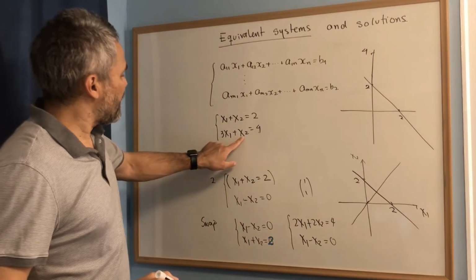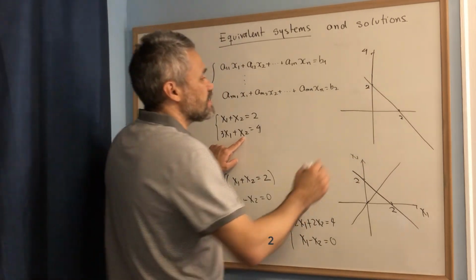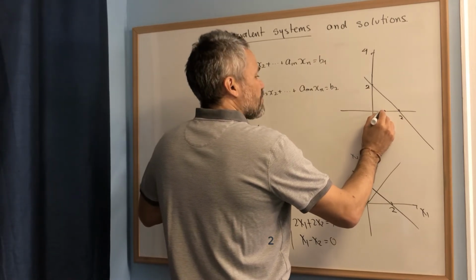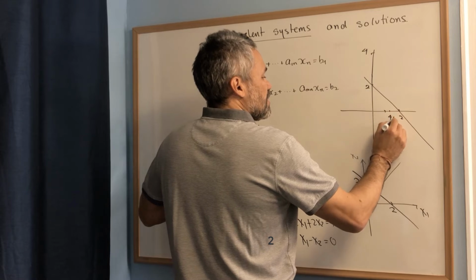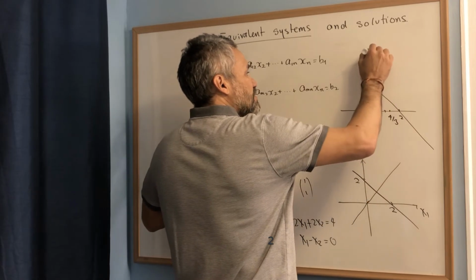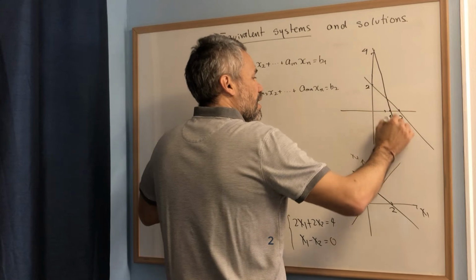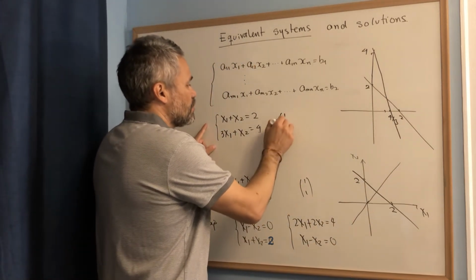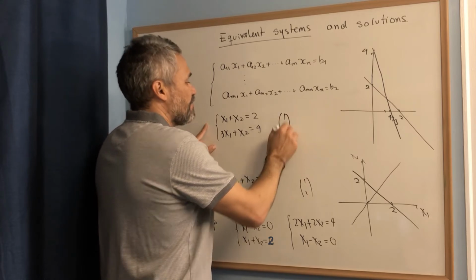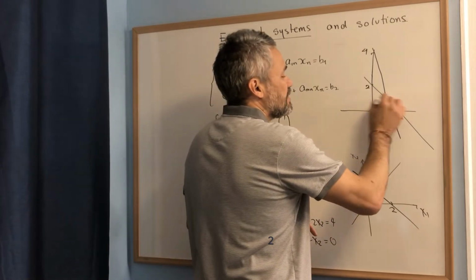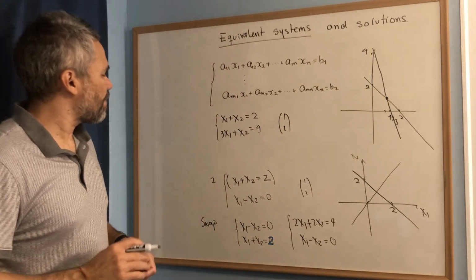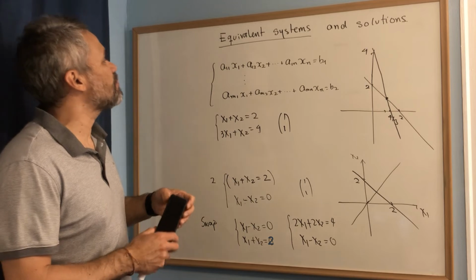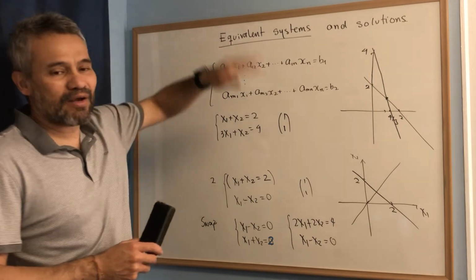And when x2 is 0, x1 is 4/3. 1/3, 2/3, 3/3, 4/3. Then the other line would be like this. And something that we can check is that the two systems have the same solution, 1, 1. These are the three types of operations that we can do to the system to change it into an equivalent system.